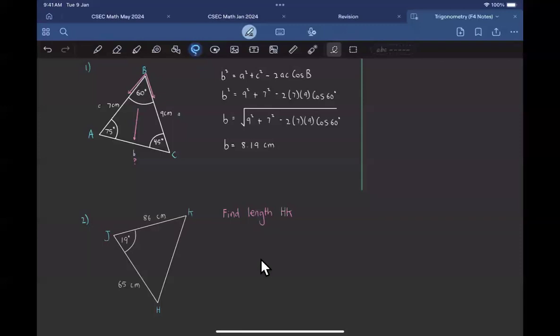Rihanna, check this out. The answer is slightly off, but the working is correct. You're supposed to get 2.41.